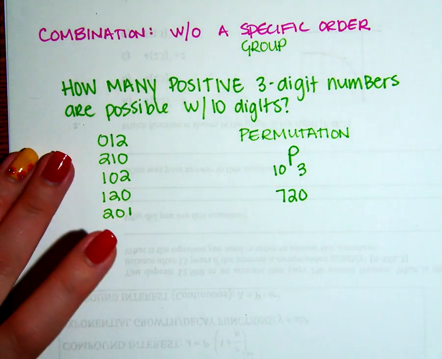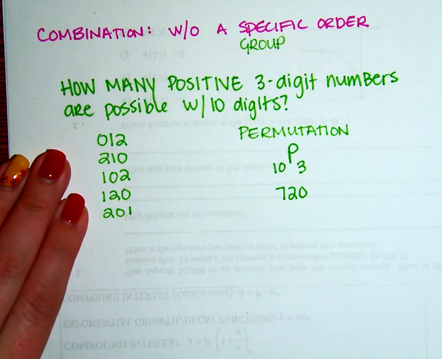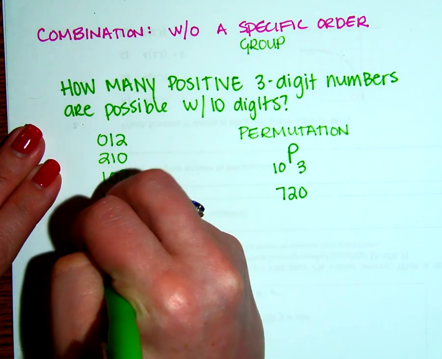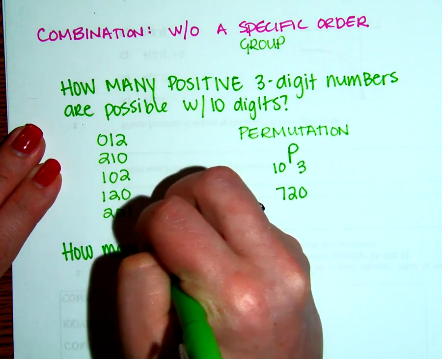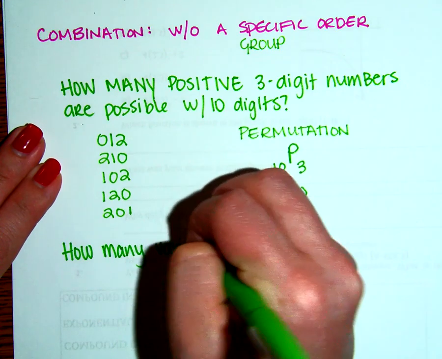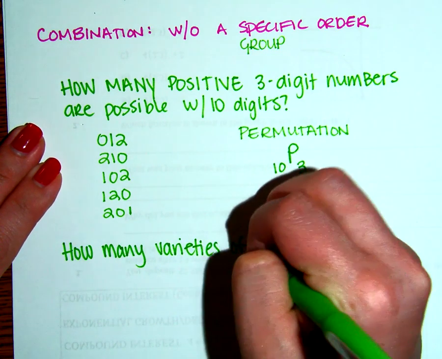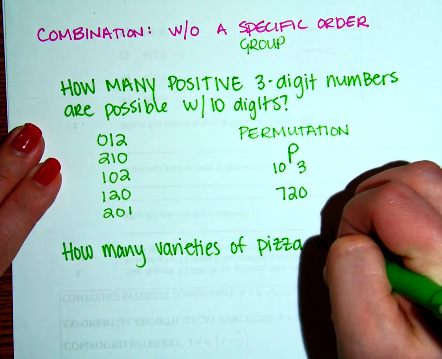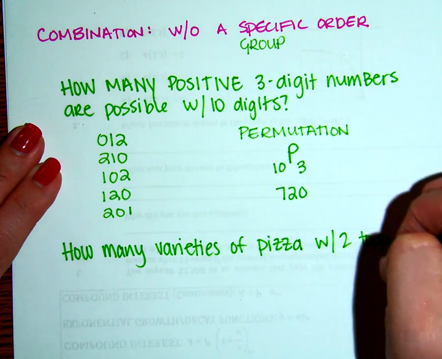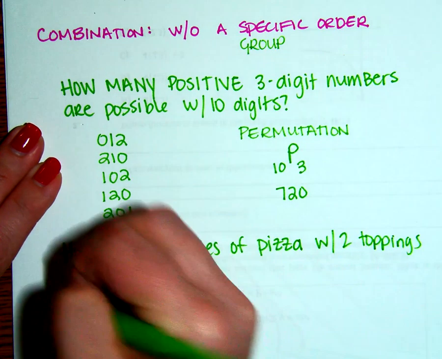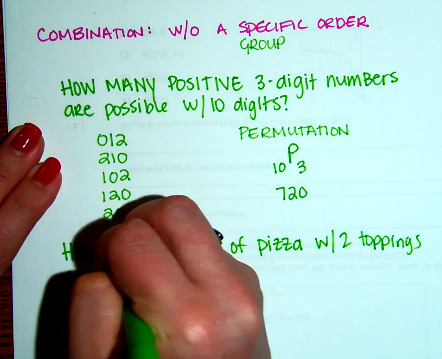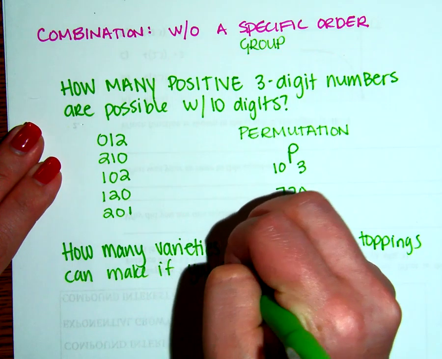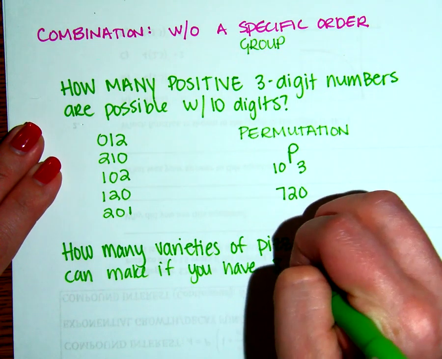Let's take a look at how many varieties of pizza with 2 toppings can you make if you have 8 toppings?